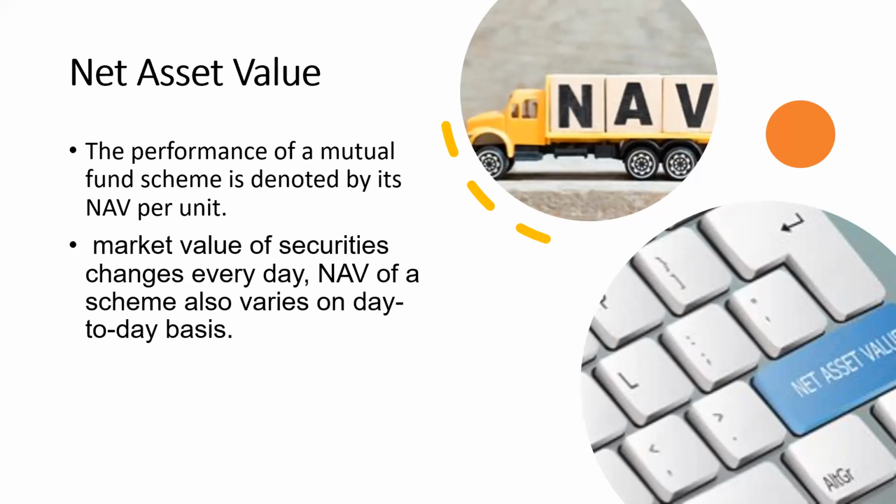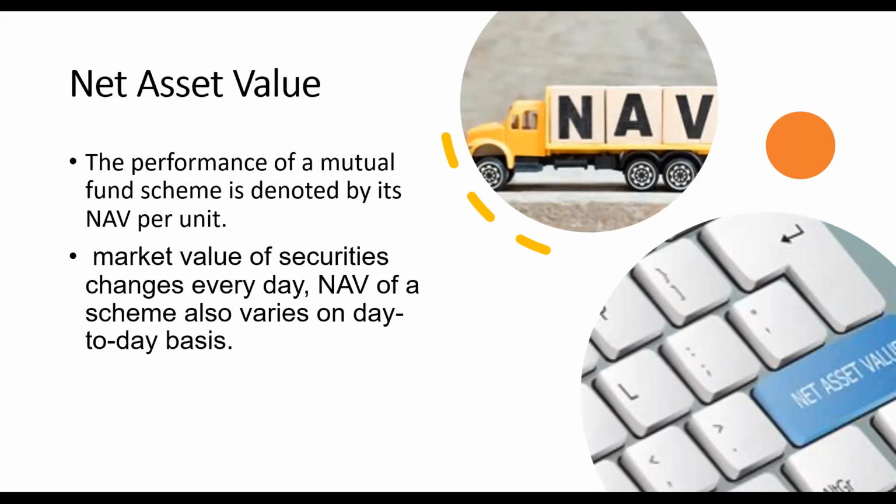So when we try to calculate the value of net asset value per unit, it will be calculated by dividing the net asset value by the number of units of the scheme outstanding on the valuation date.